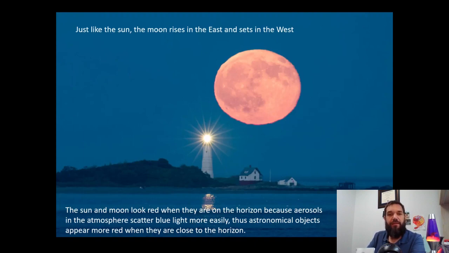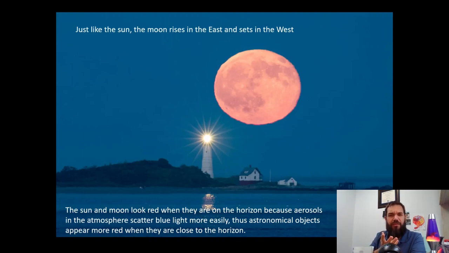And that's because when an object is close to the horizon, its rays of light are going through progressively thicker layers of our atmosphere. And that scatters different wavelengths of light differently than if it's going through a thinner slice of our atmosphere.